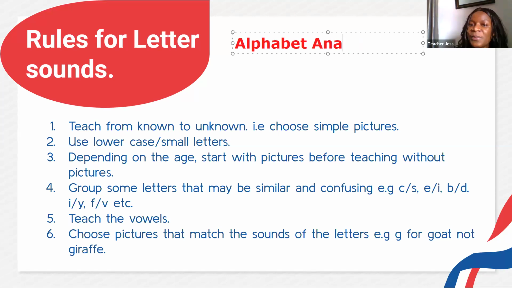Before you get to alphabet analysis, teach the vowels. They are the noisy letters. They make so much noise. Who makes so much noise in the class? It's Alice. Oh, Alice is a vowel. So you teach the vowels and make sure they understand.